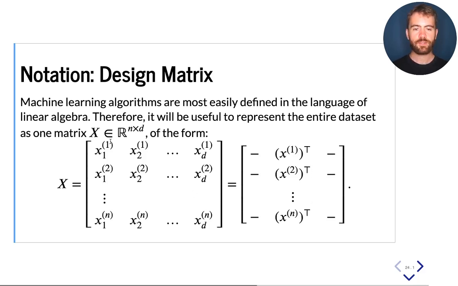In other words, X is a matrix of dimension n by d, where n is the size of our data set and d is our dimension, and the ith row of this matrix corresponds to the ith input object, the ith vector of features, and the column j corresponds to feature j. So in cell ij of this matrix, in this example in row 2, column 2, we have the second dimension of the second input vector.